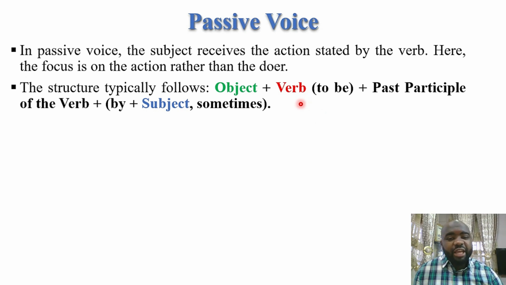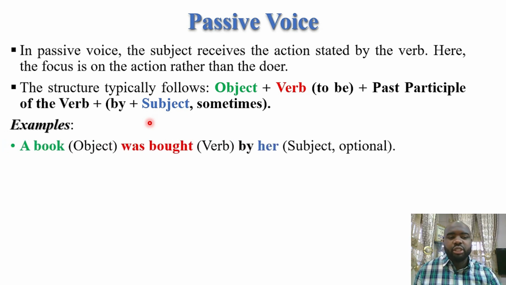And then after the infinitive verb to be, plus the past participle of the main verb used. Then we're going to add by. Then we're going to add the subject. This subject is optional, meaning sometimes we can choose to write the subject and sometimes we can choose to do away without the subject.